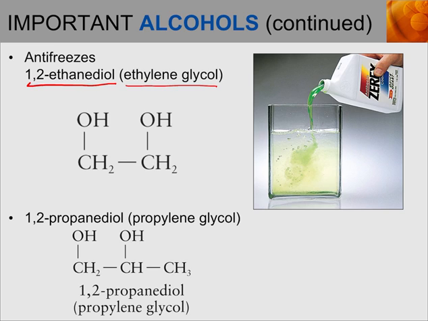So basically what it does is it breaks up the molecules enough in your tank so that they don't freeze as easily. So it essentially lowers the freezing point. The next one is propylene glycol. This can also be used as antifreeze as well.